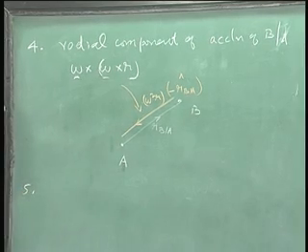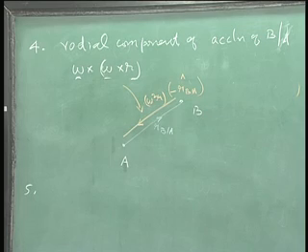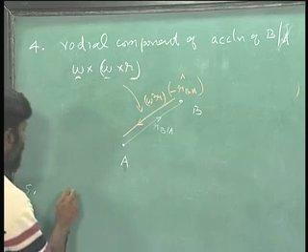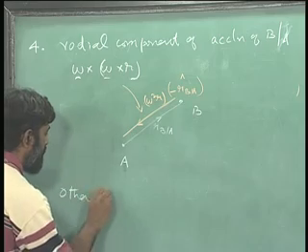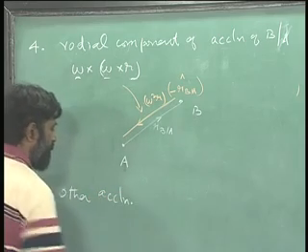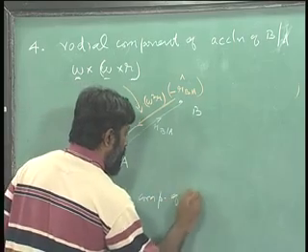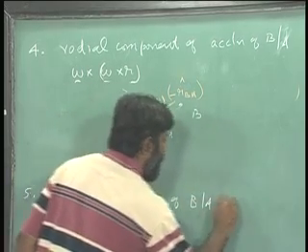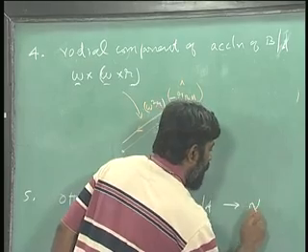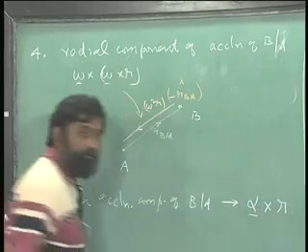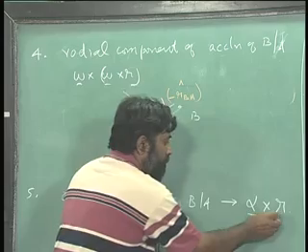Of course, naturally the next step is the other acceleration component, that is very simple. What is that? Alpha cross r. What is the direction of alpha?